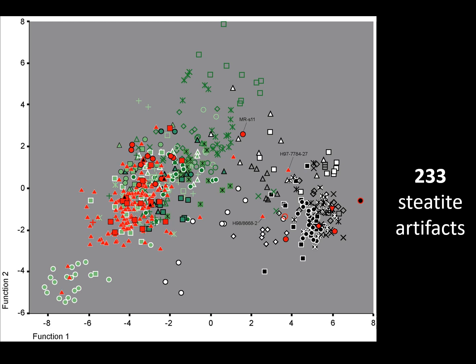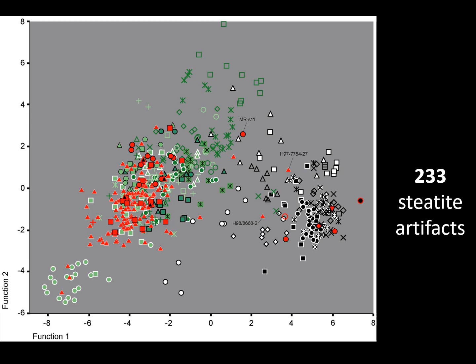Many further iterations of canonical discriminant analysis were conducted. However, time does not permit me to show them all here. Basically, what was done is that we gradually pared down the number of source groups in the database to focus individual steatite artifacts on the particular source that they were most likely to come from.